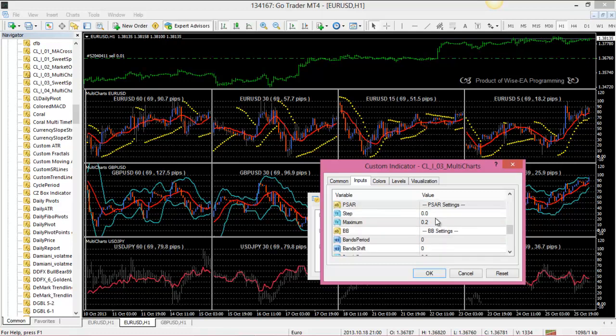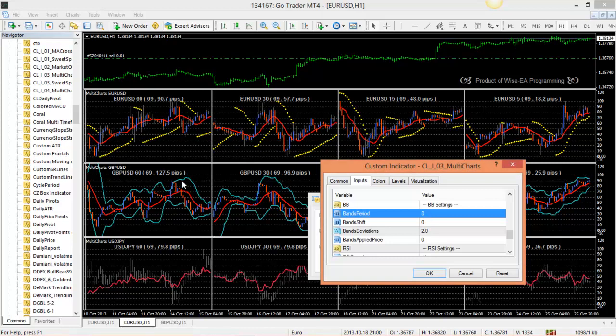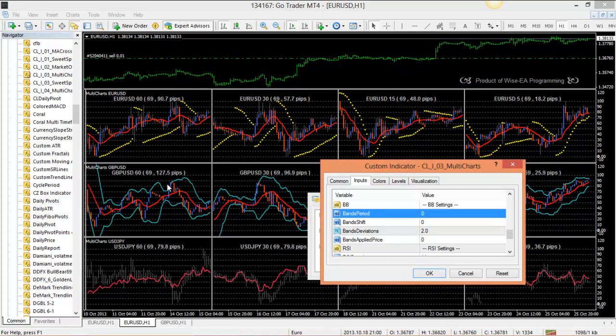And for Bollinger Band, if you set it to not draw Bollinger Bands, by default it will draw the upper and lower bands in this color. It will not draw the center line.